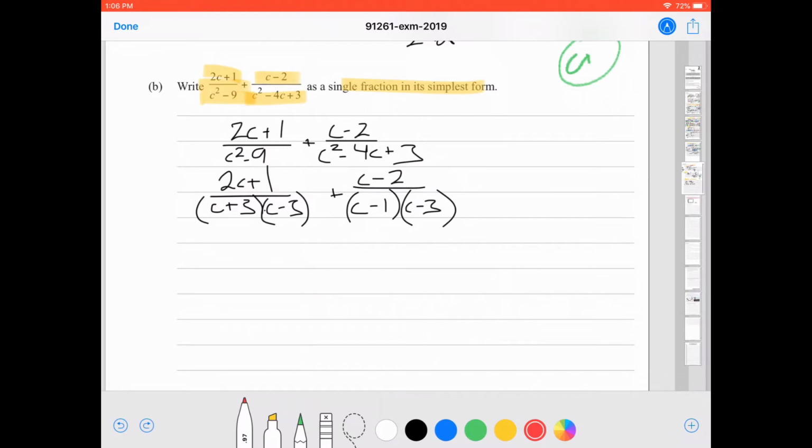For the left side, the first fraction, we are going to multiply it by c minus 1. So what we do to the top, we have to do to the bottom. So c minus 1, and that's being multiplied. For our second fraction, we are going to multiply it by c plus 3.